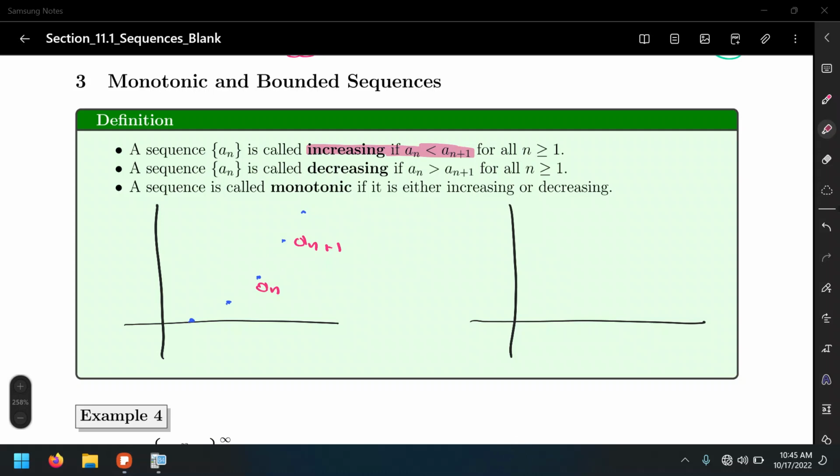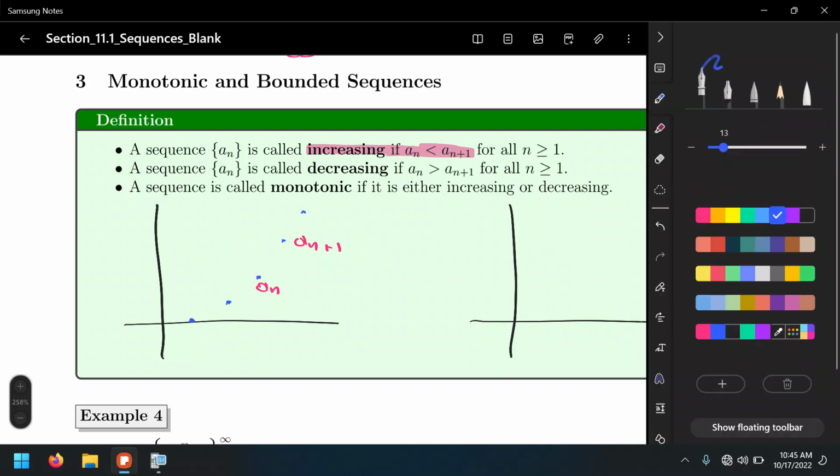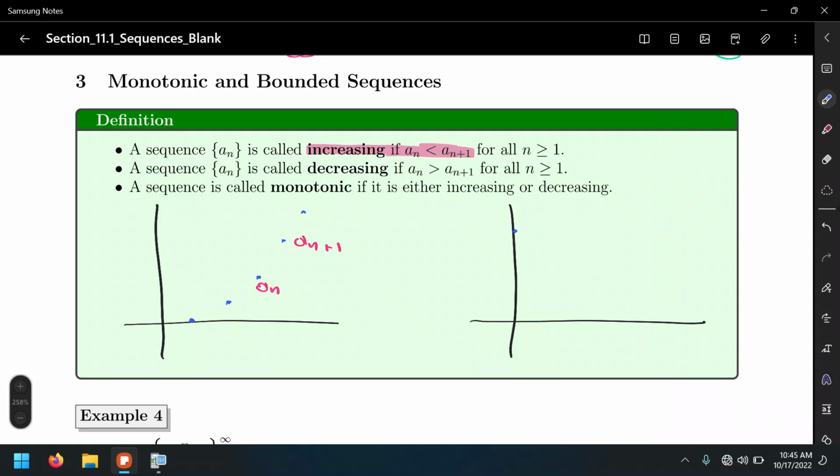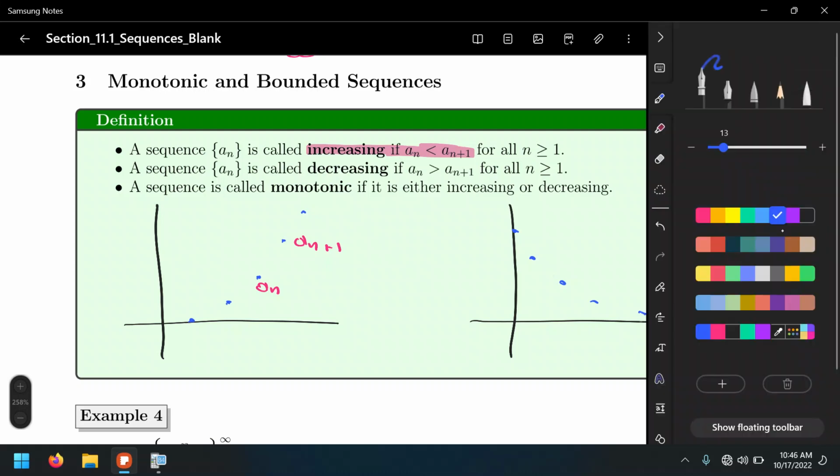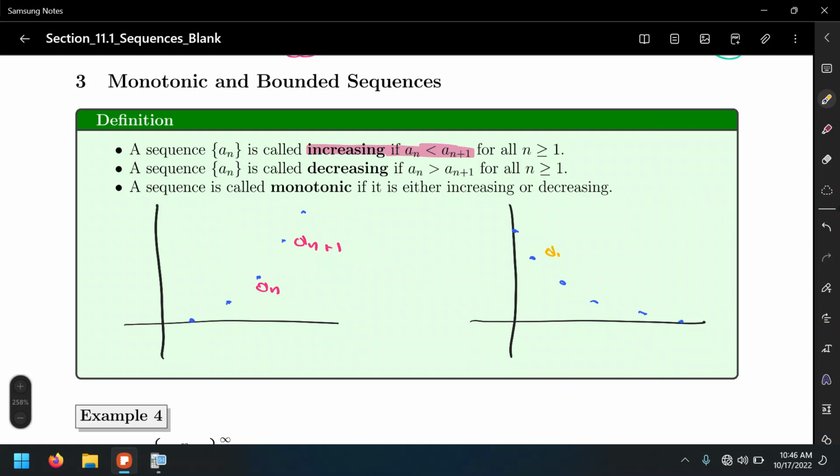And in this case, we can see that a sub n is below a sub n plus 1. The height is smaller. And in the decreasing case, we can have essentially the same. I'm going to write in different colors. So a sub n plus 1.